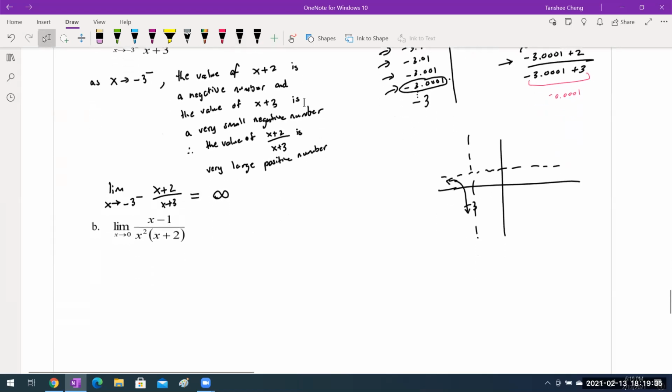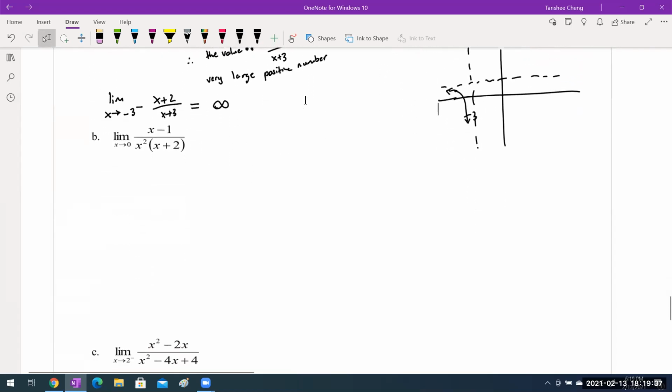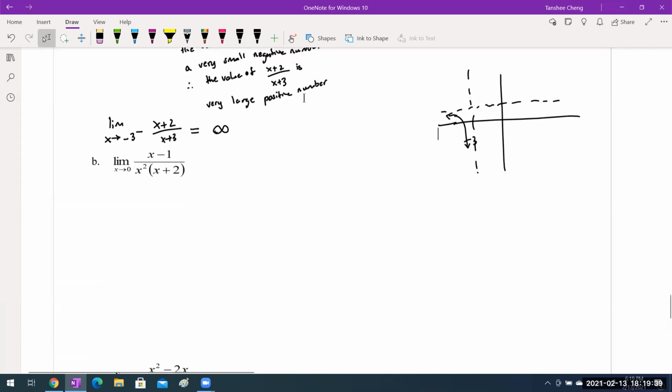We can do the same thing on this example, part B. Clearly 0 is going to be a vertical asymptote because of the x squared right here. So like before, I can talk about the same thing. However, this time the difference is we are looking for the limit as x approaches 0, not from the left-hand side or the right-hand side.